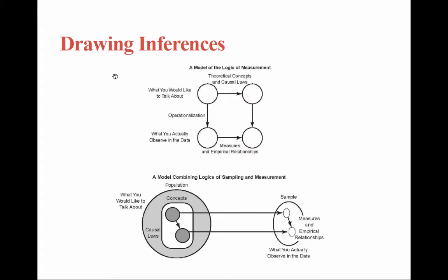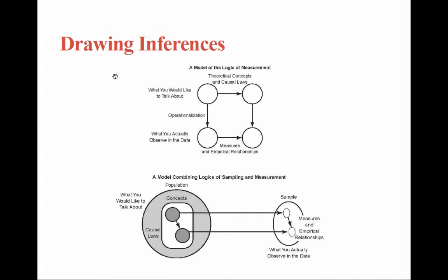Now, what appears here is a model of the logic of sampling and measurement. So let's start first with one that we have looked at already, which is the logic of measurement.